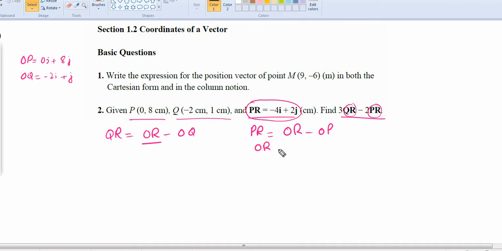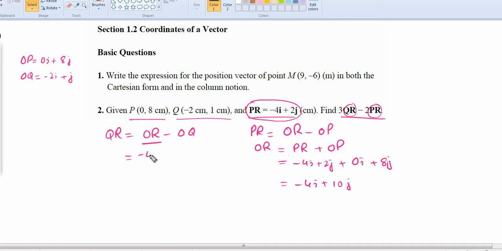So OR will become equal to PR plus OP. PR is negative 4i plus 2j, and OP is 0i plus 8j. So I'll just add them up, so it will become negative 4i plus 10j. That would be OR. So I'll insert this value of OR over here. We have OQ already, so we can work out the value of QR.